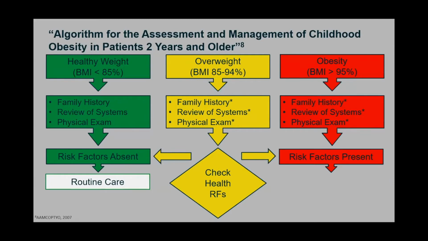Children in the overweight category are a little bit more tricky, as it must be determined whether or not they have risk factors. And if they do not have risk factors present, they can continue on with routine care, just like those of the healthy weight category. However, if it is determined that there are risk factors present, then they would fall into the same category that the children with obesity fall into, which is having risk factors present, obviously.